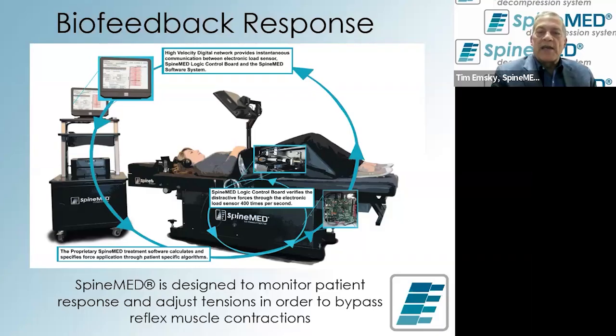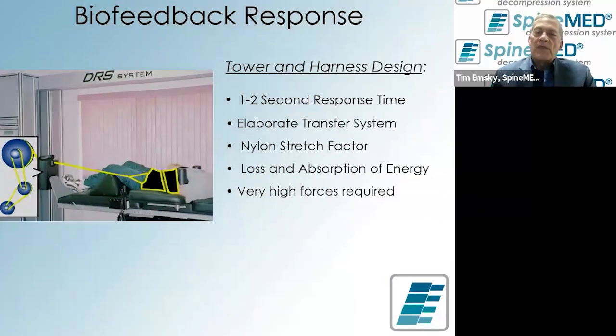Now, when you look at the harness style machines, of course, when we came up with SpineMED, all these harness style machines as well, we adjust every 2 milliseconds. But while the electronics may have that ability to adjust every 2 milliseconds, the physical system of the harness style machines, when you look at it, the electronics would then tell the electric motor turn clockwise or turn counterclockwise.